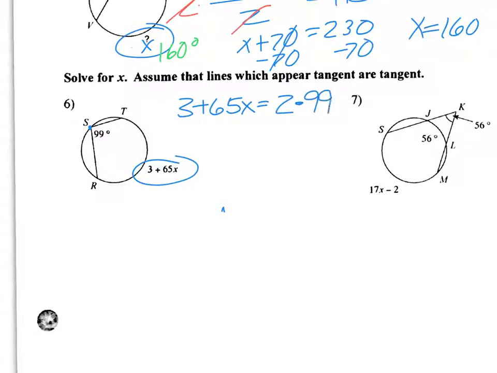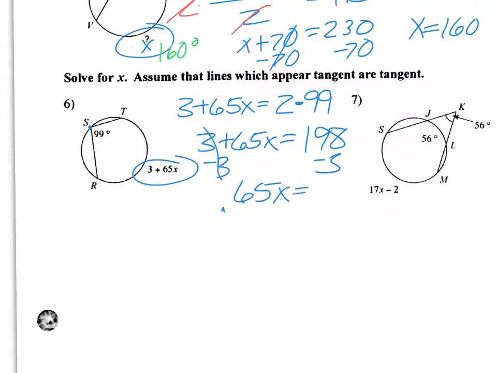The reason I like that one better is because I don't have a fraction. So I get 3 plus 65x equals, I do that on the calculator, I get 198. Subtract 3. 65x equals 195. Divide by 65. So x is 3.